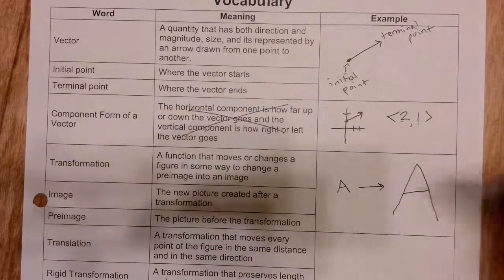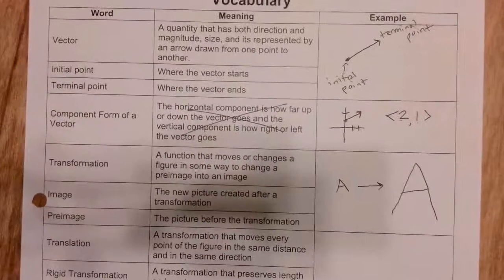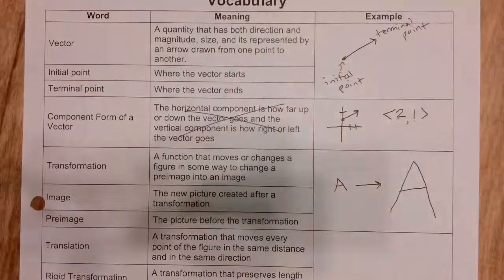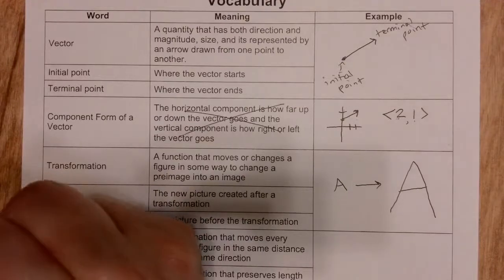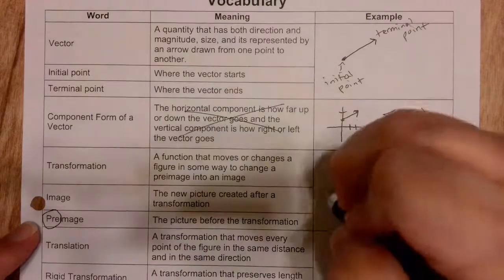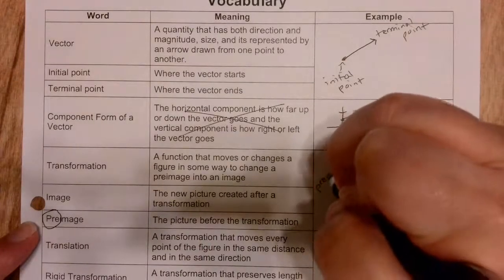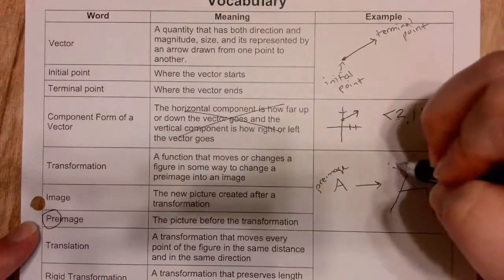Now one of these is called the image and one of them is called the pre-image. And for me, this is, for whatever reason, tricky because I always say image and pre-image. But think about what pre means. Pre means before. So the pre-image comes first. This is the pre-image, the little one, and the big picture is the image.